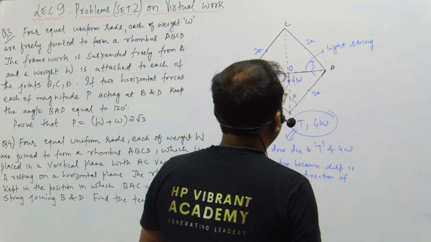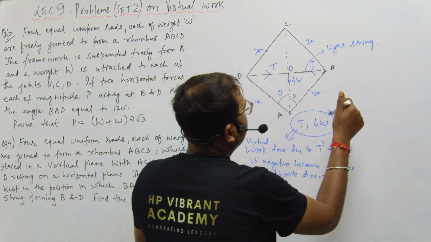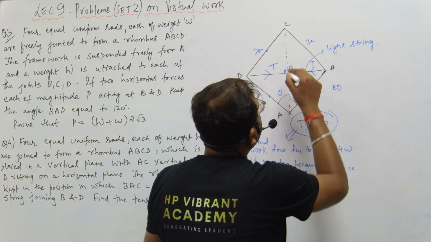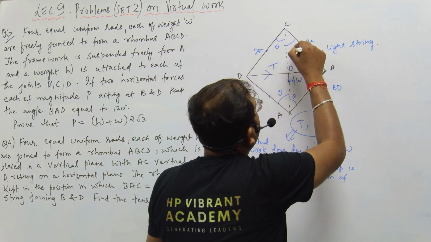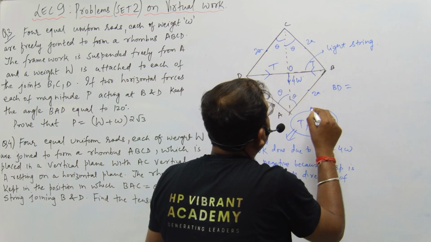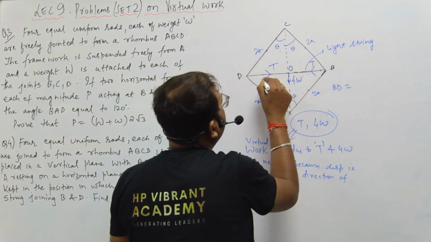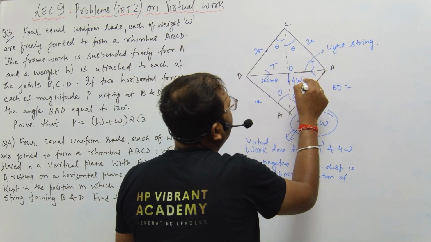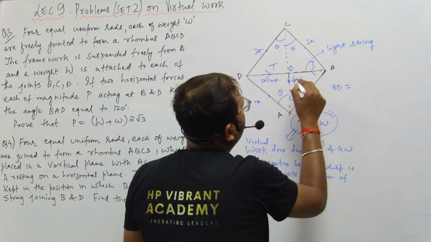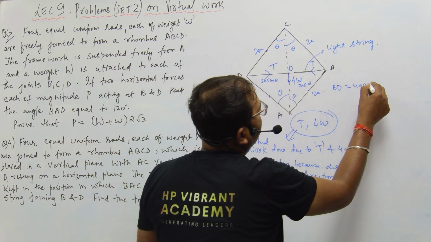So we have tension times this distance BD. This is theta, this is also theta, as it is symmetrical. BD: this is 2a and the angle is theta, so this is 2a sin theta. This is also 2a sin theta. So BD is equal to 4a sin theta.